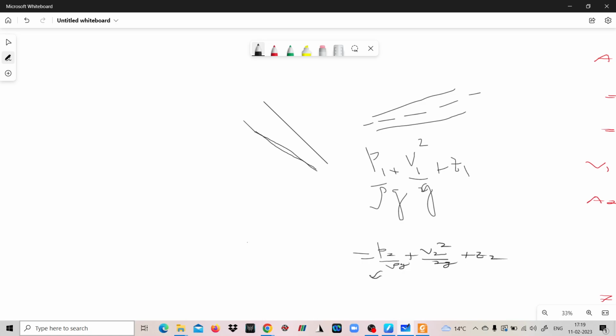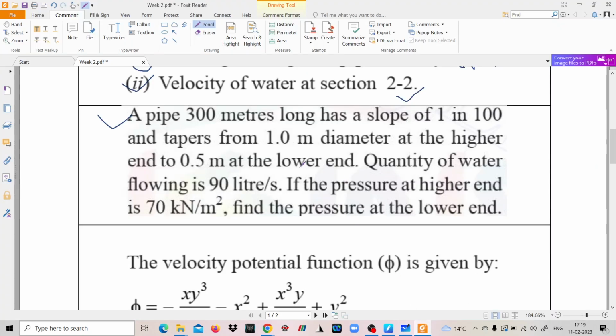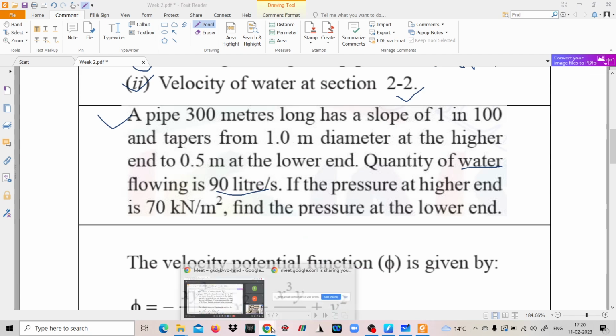Now rho you can take as 1000 kg per meter cube because the flowing fluid is water. The discharge in the pipe is given. You need to convert this into meter cube per second, as it is given in liters per second. So please try this problem.